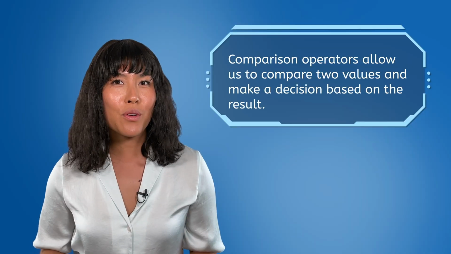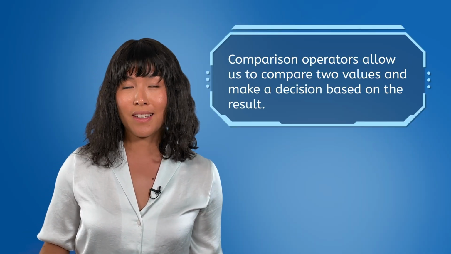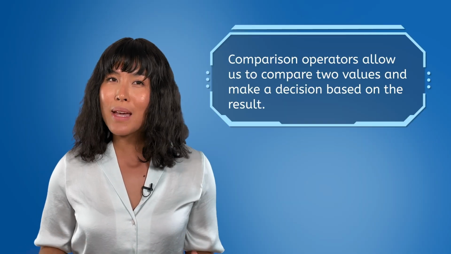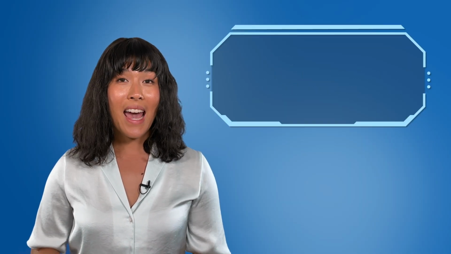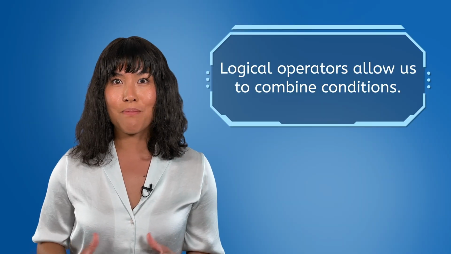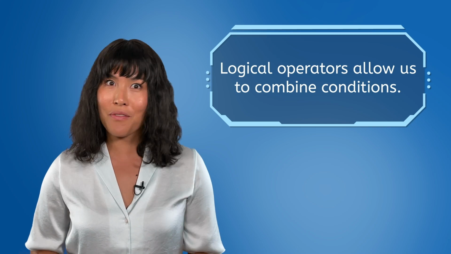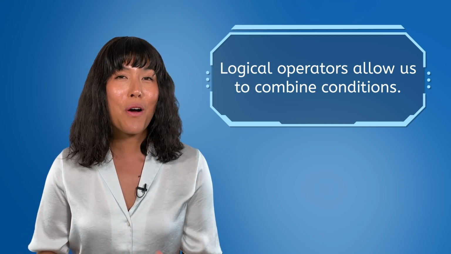Just as comparing ingredients will guide our recipe choices, comparison operators allow us to compare two values and make a decision based on them. And logical operators, like the binding agents in our recipes, allow us to combine conditions effectively, steering the flow of our code with finesse.